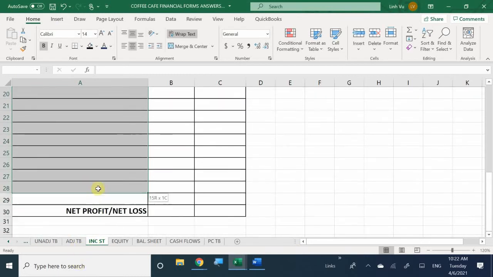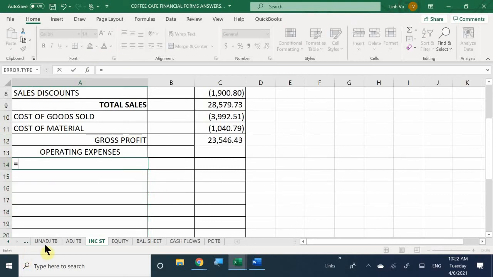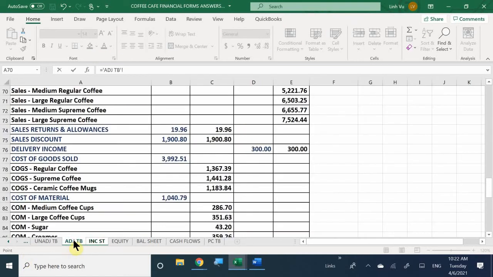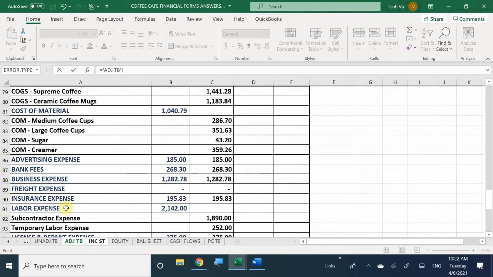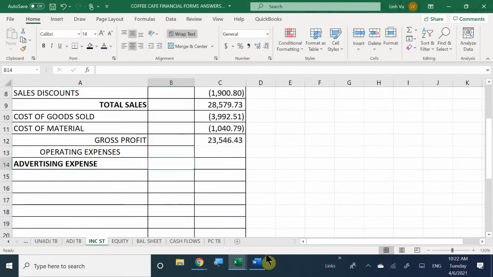So I'm going to highlight all of this, and I'm going to format it and left align them. Okay, so the first one that we got to see is what was our first monthly expenses for my operations. So let's go ahead and dive right here. My first one I have is going to be advertising expense. Okay, and how much was my advertising expense for?